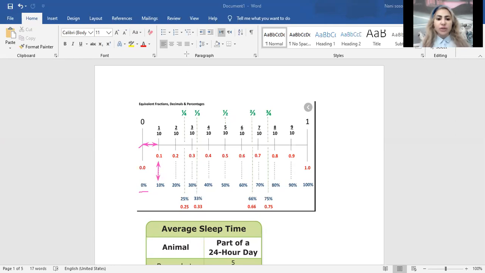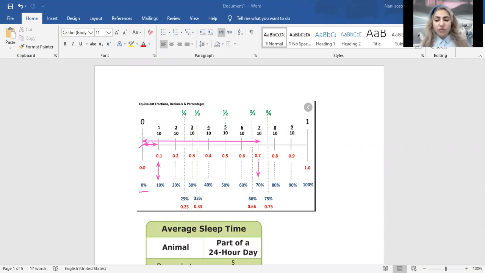Okay, if we moved from the first point until the seventh point, and then I go down from the seventh point, what will I get? I will get 70%.